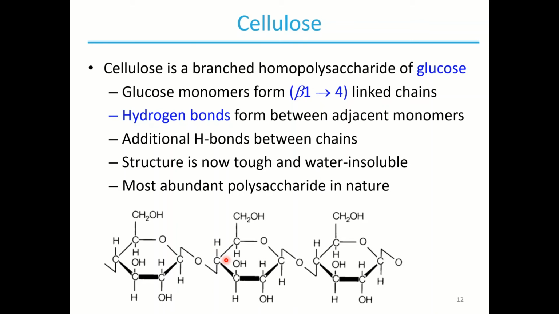This structure becomes very tough and water insoluble, and this beta 1 to 4 linkage makes it a structural polysaccharide, because it can be very strong and very rigid, as opposed to starch or glycogen, which are not used for structure but for storage.